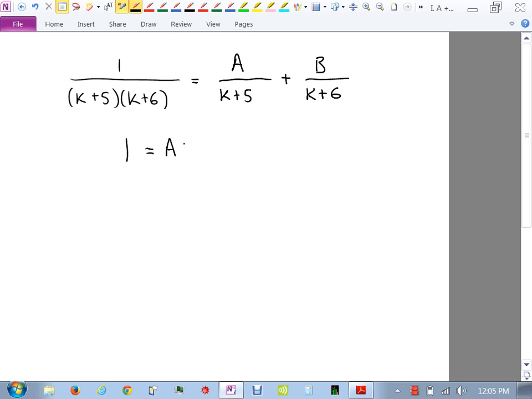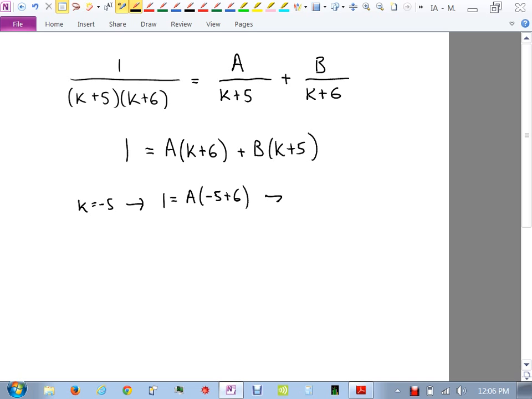1 equals A(k plus 6) plus B(k plus 5). And now I have control over k, so I can kill off things. I'm going to let k be negative 5. That gives me 1 equals A times negative 5 plus 6, which means that A is 1. I'm going quickly through this because I'm assuming you did enough of this at some point.